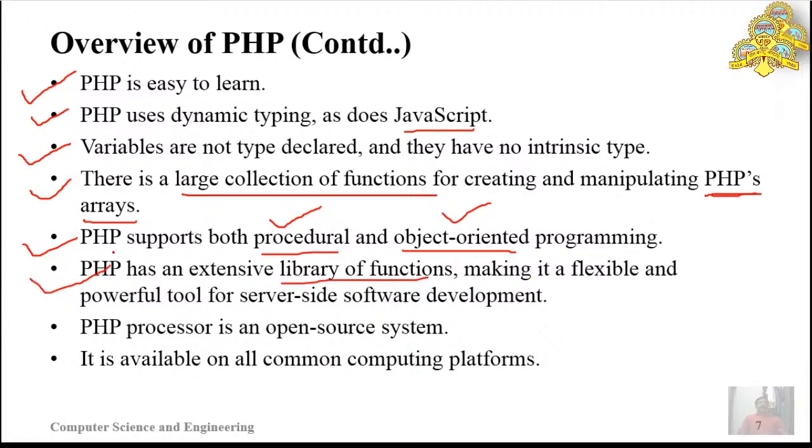PHP is an open source software system, so thousands of active user communities every day contribute their pieces of code to enhance the existing functionality of PHP. Because of this, PHP is still a popular choice for small to medium and near to large scale website applications.